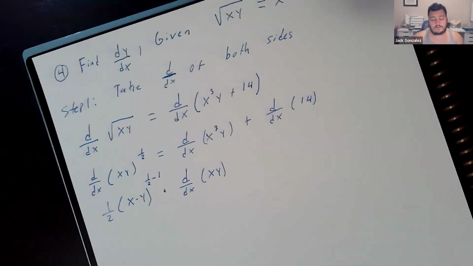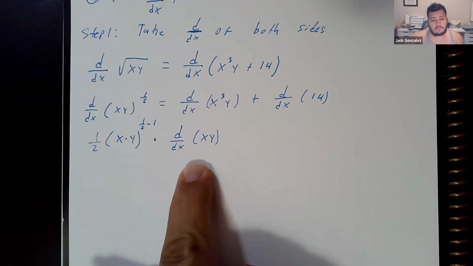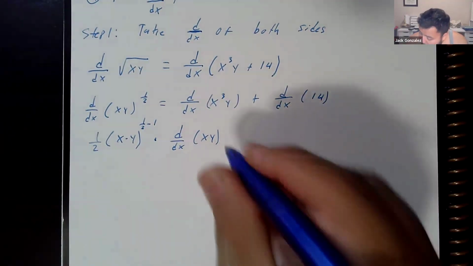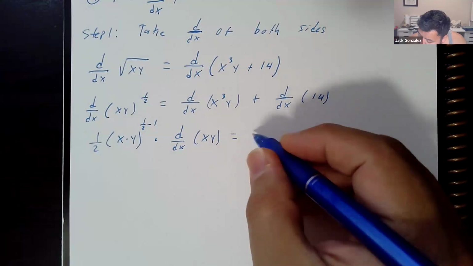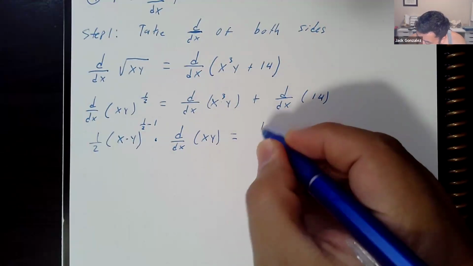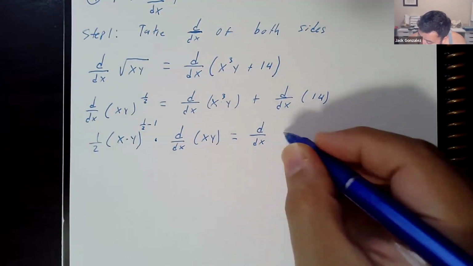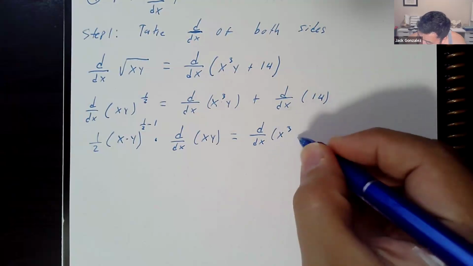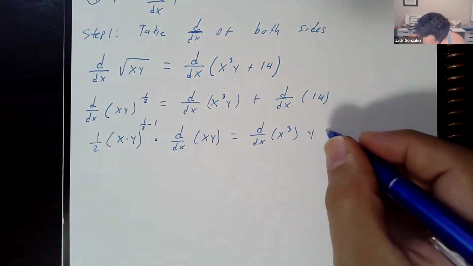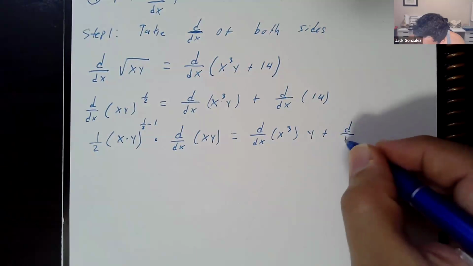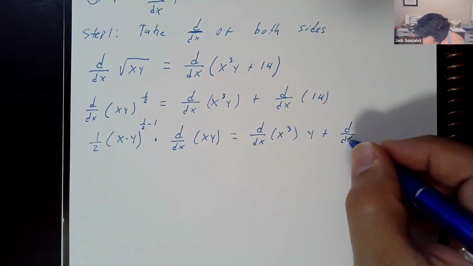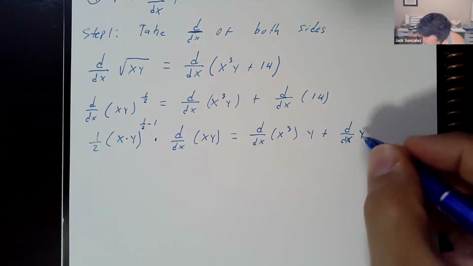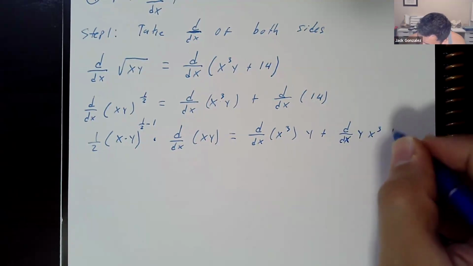So this part will become the implicit part. Now here we have a product rule. So you'll do d/dx of x cubed times y, plus d/dx of y times x cubed, plus 0.